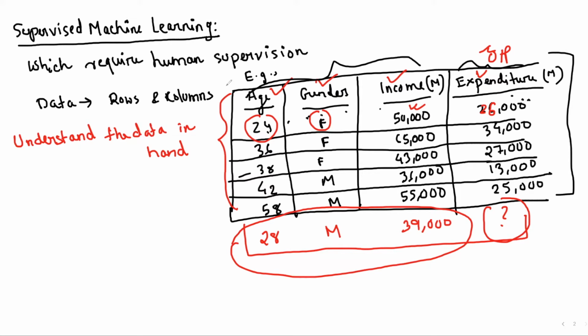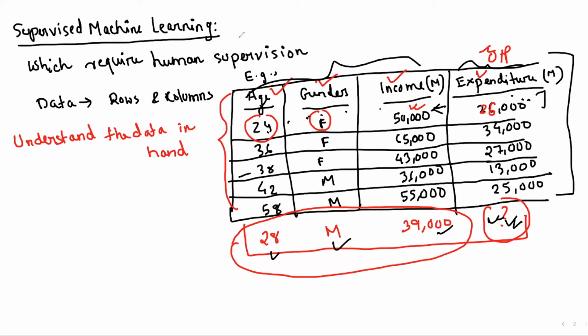That's the reason we say that supervised machine learning requires human supervision, meaning we can predict something only if we have data in hand which also has the output corresponding to the inputs. Only then will we be able to predict anything from its input.